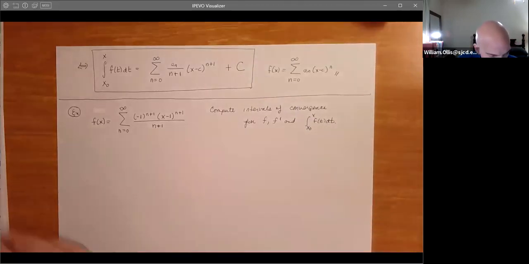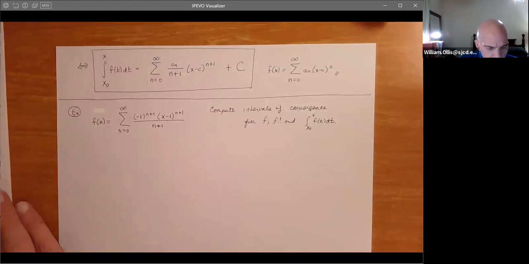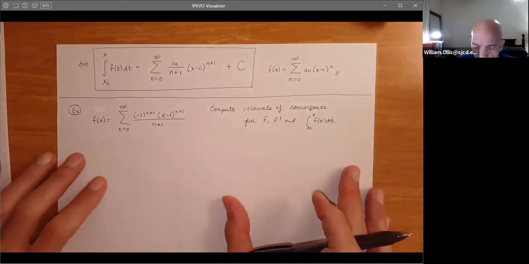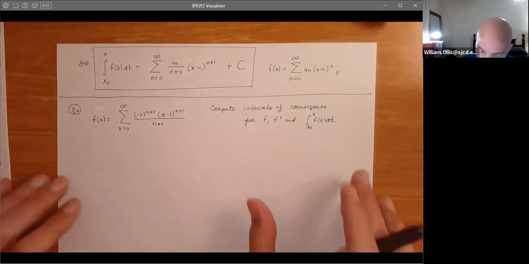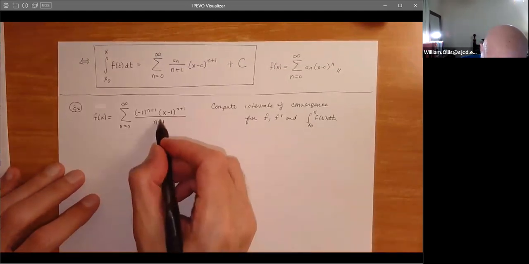Now, when you look at these and think about what we need to do, the fact that we know where things are centered is going to make things a lot easier for us. We'll just have to check endpoints. So going to the derivative and the integral is not always a tedious process. We just need to analyze f first.